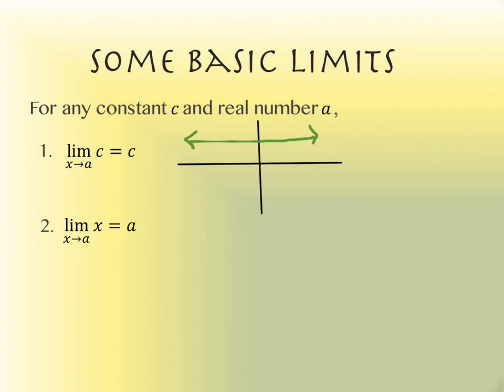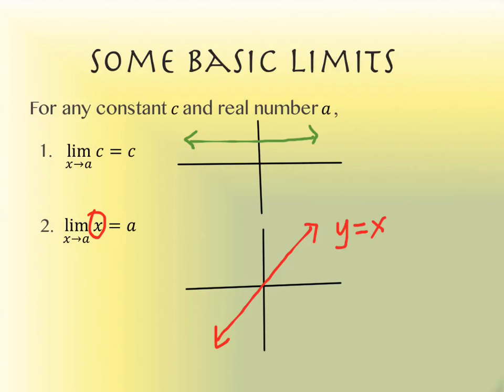The next one says the limit, if you've got the value x as x approaches a, is simply replacing that x with the value a. From a picture point of view, that is the line y equals x, because my function here is simply x.